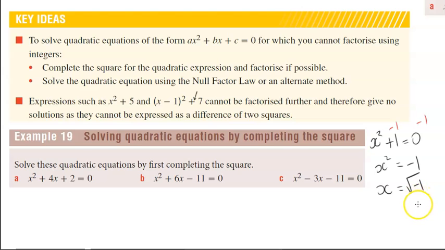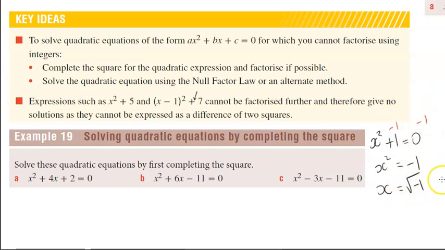There are no numbers that when you square them will give you negative 1. It can't be positive 1 because 1 times 1 gives you 1. And it can't be negative 1 because negative 1 times negative 1 gives me 1 as well. So this poses difficulties. It's unsolvable, at least for the real numbers.